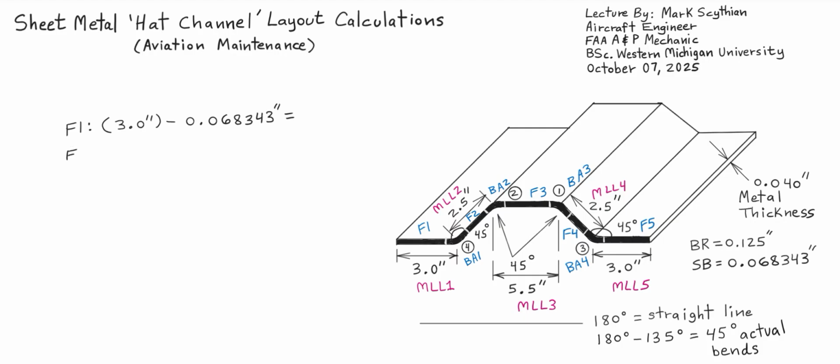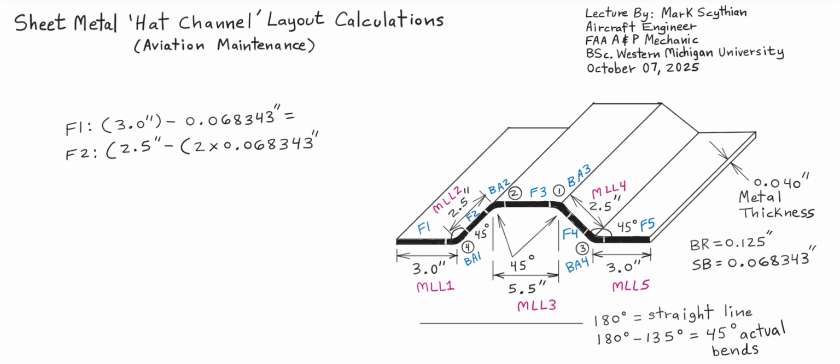So flat 1 is the mold length line minus the setback value. Flat 2 is the diagonal mold length line minus 2 setbacks across consistent 45-degree bends.